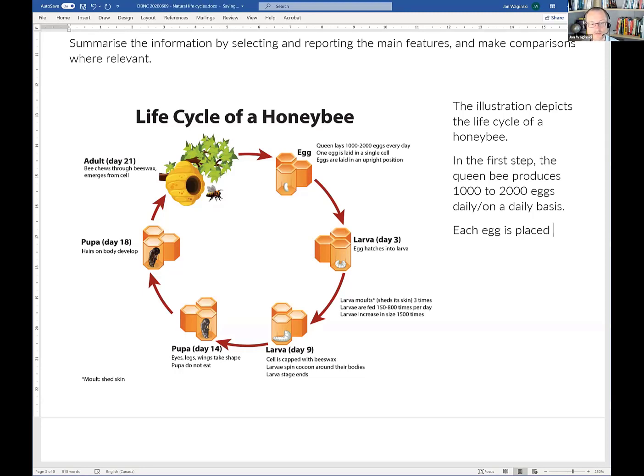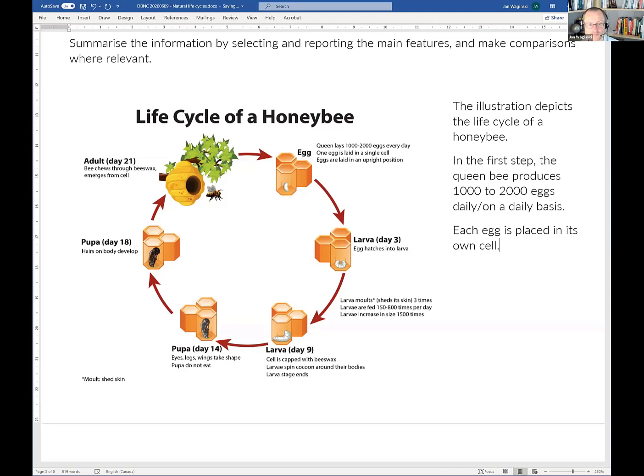What would be another way to say that? In a lonely cell. There we go. Each egg is placed in its own cell.